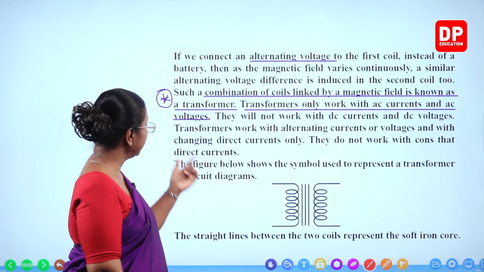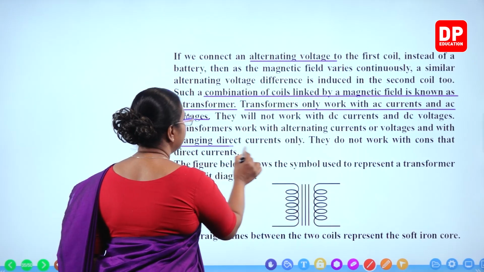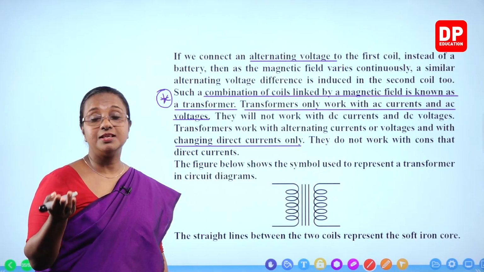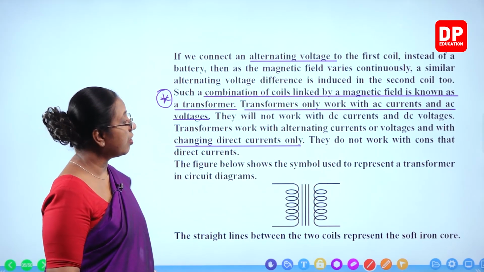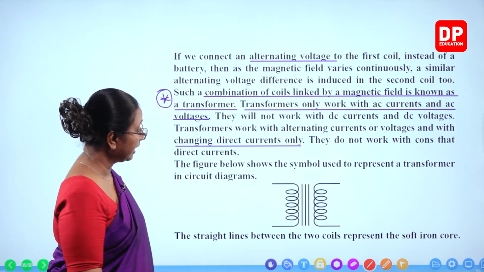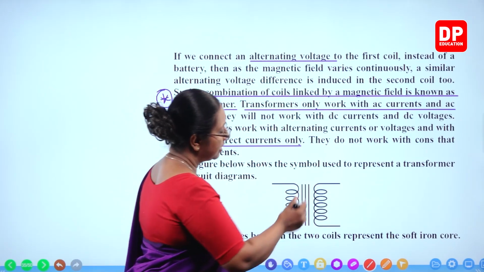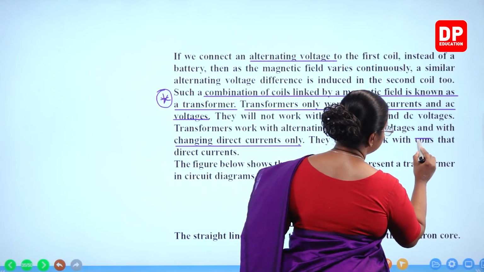So, in the activity, we had changing direct current. We switch on, switch off. So, that is a changing direct current, or else with an alternating current or alternating voltage. There is a mistake in the textbook, students.